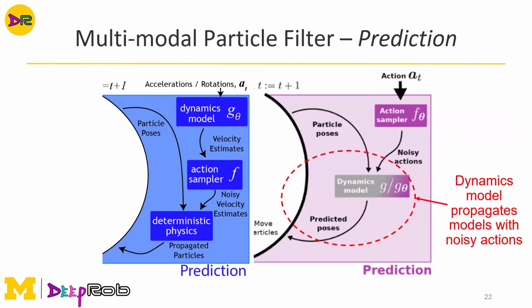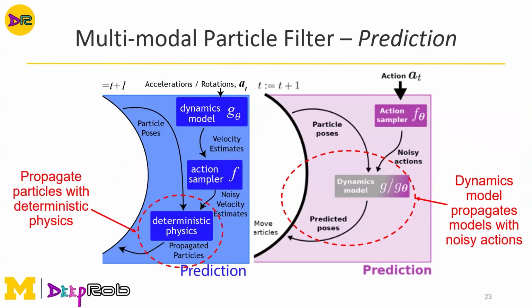In the original implementation, the dynamics model propagates the noisy actions through to get predicted poses. And in our implementation, we feed our noisy velocity estimates into a deterministic physics model, which is effectively integrating linear and angular velocities into deterministic position and orientation values.